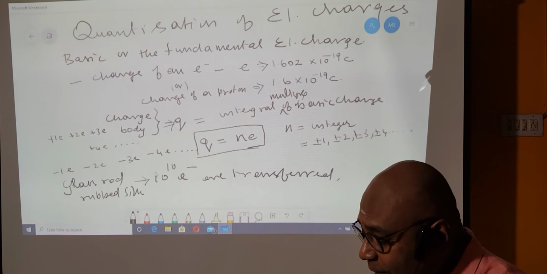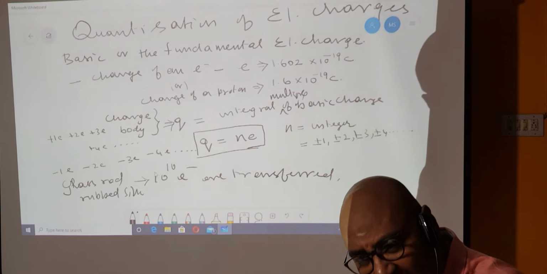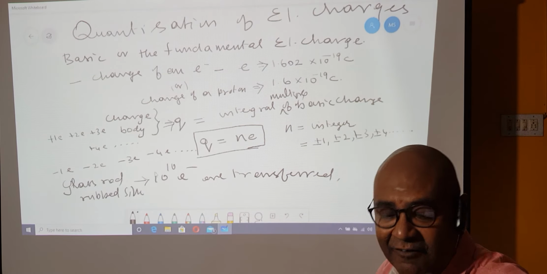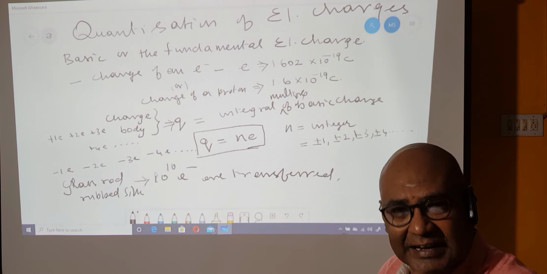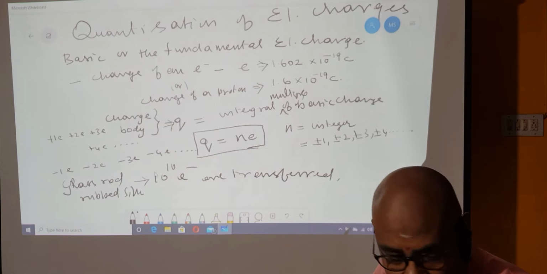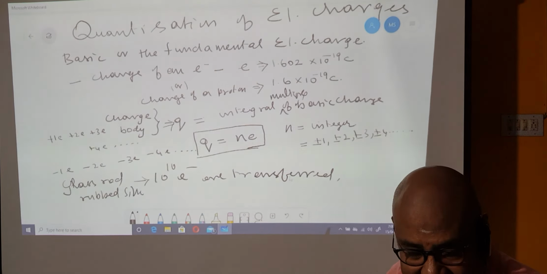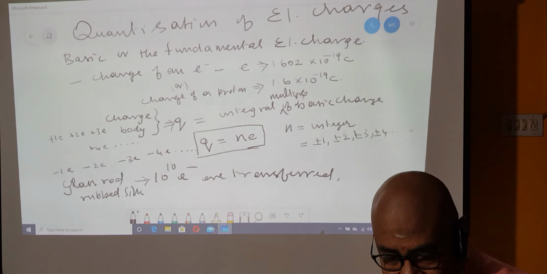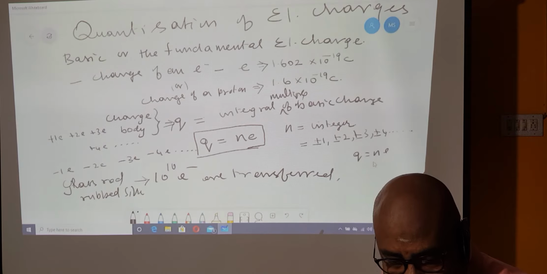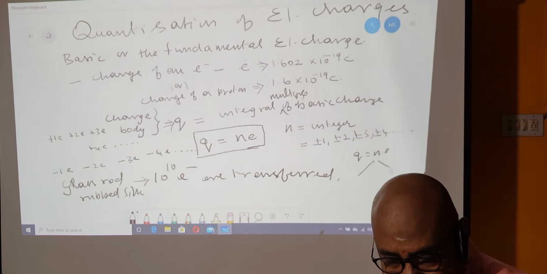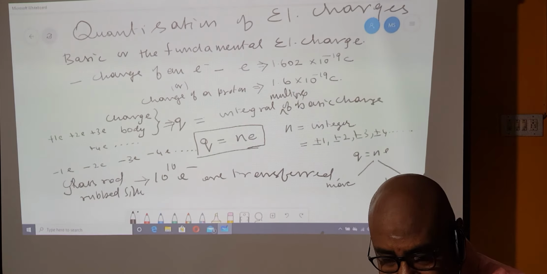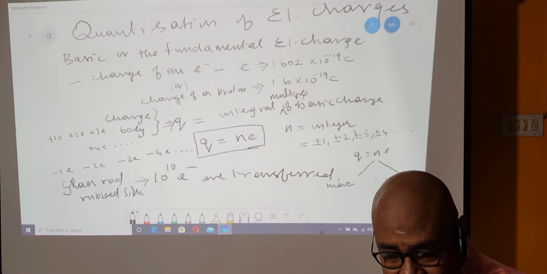But at the microscopic level alone, the quantization of electrical charges plays a vital role. You just consider the final concept alone. You leave this, you just consider. See, when you are considering the quantization of electrical charges, that is, Q is equal to N into E, let us consider this in two forms, one in macroscopic and another in microscopic level.